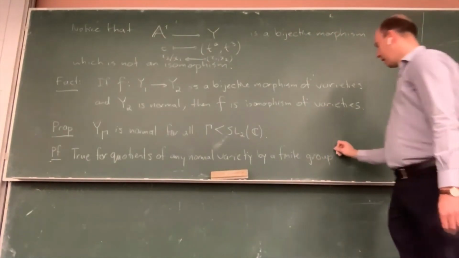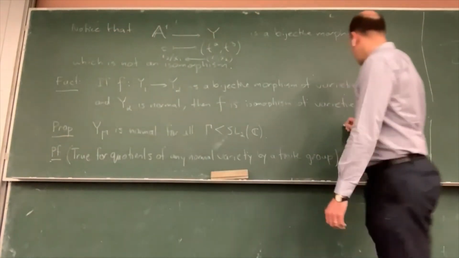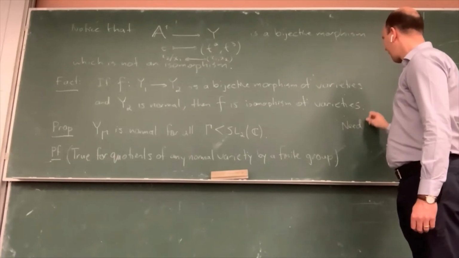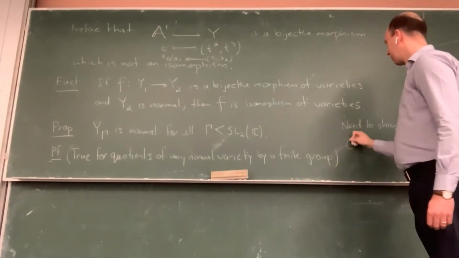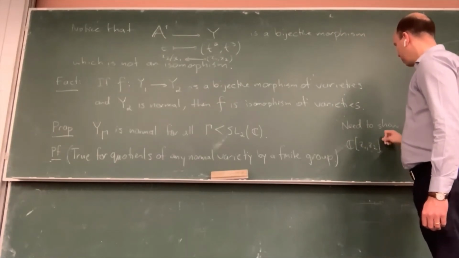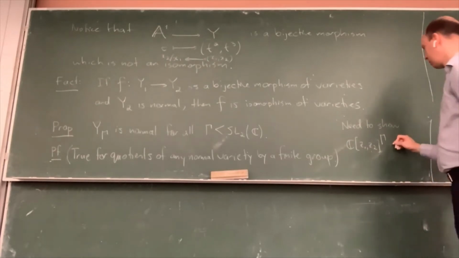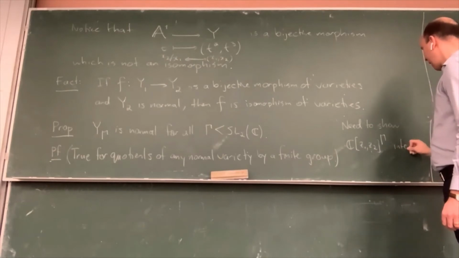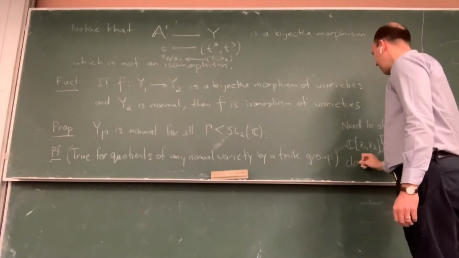So what you need to show is that C[z1, z2]^Gamma, the Gamma-invariant polynomial ring, is integrally closed in its field of fractions.